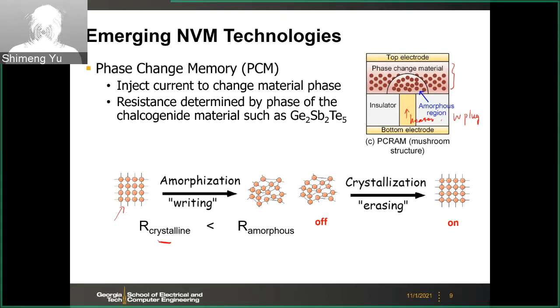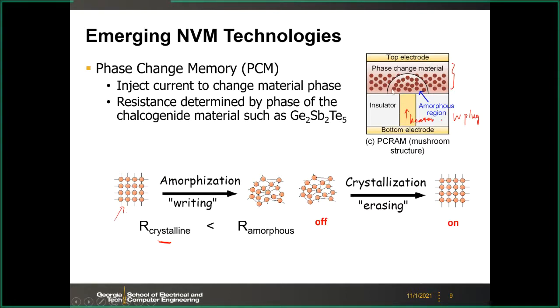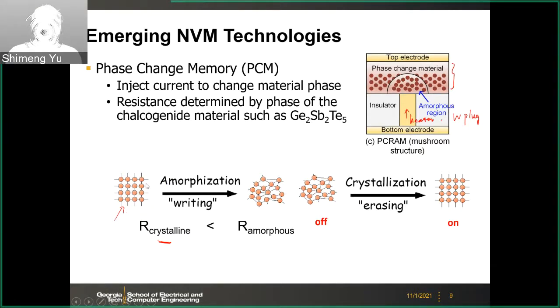Of course, this is a cartoon figure, not necessarily in this kind of square pattern. It may have a complicated crystal structure, but this pattern is repeatable in three dimensions. The phase change material has a property: once you heat up the temperature, for example by injecting a large current, you have Joule heating and the temperature of the material goes up.